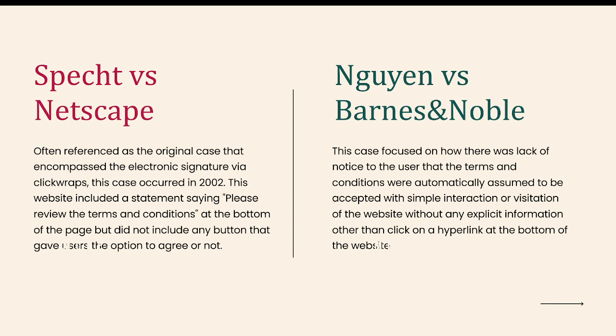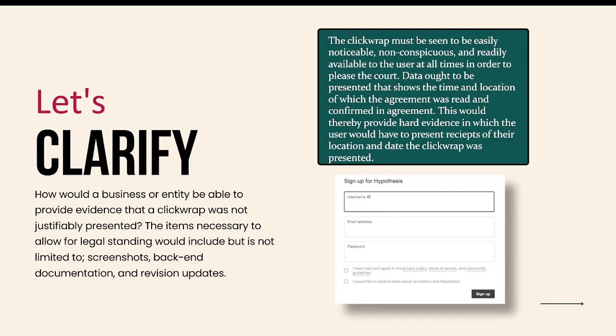There was a simple hyperlink at the bottom of every page, yes, but there was no clear notice that it was explicitly assumed to be agreed upon. Because it was not conspicuous and not easily noticeable by each client of the webpage, it got them into a little bit of legal trouble.